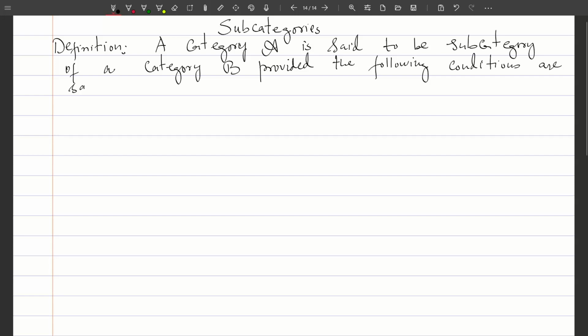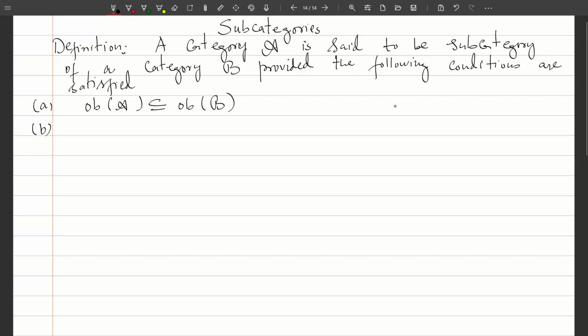These conditions need to be satisfied. The first condition is that the object class of category A is contained in the object class of category B.